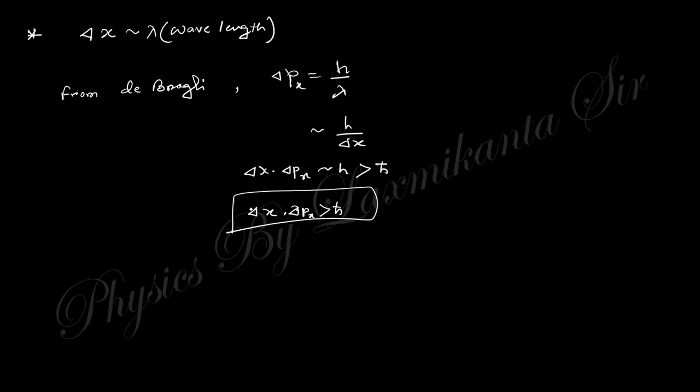now if you want to change from momentum to energy variable, you know the energy is nothing but p square by 2m.